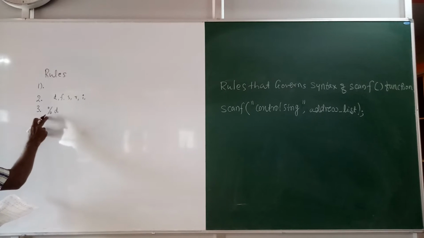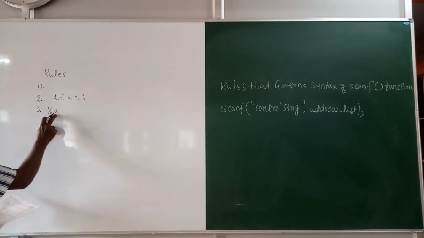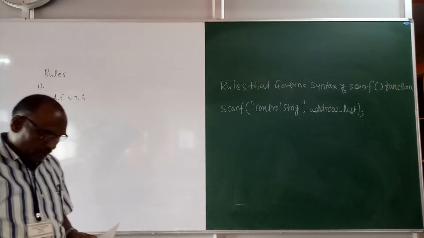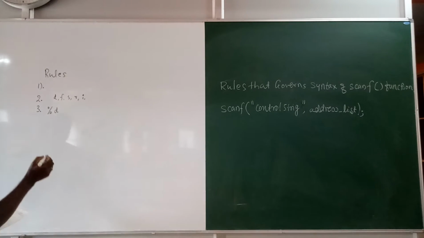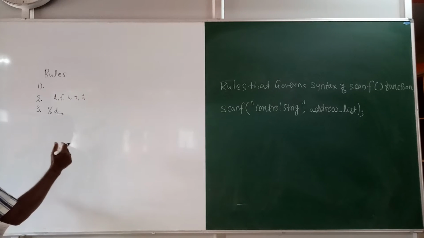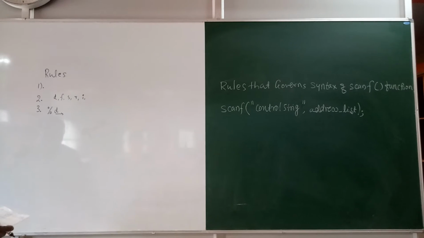The control string should begin within the double quotes with the % symbol and one character group letter, which is a converting character. These characters and their meaning we will discuss soon after these rules.